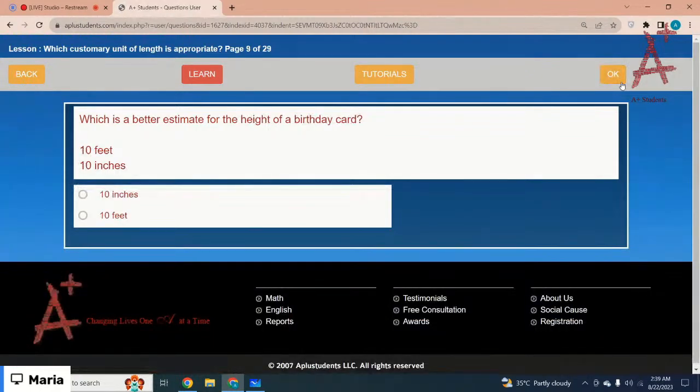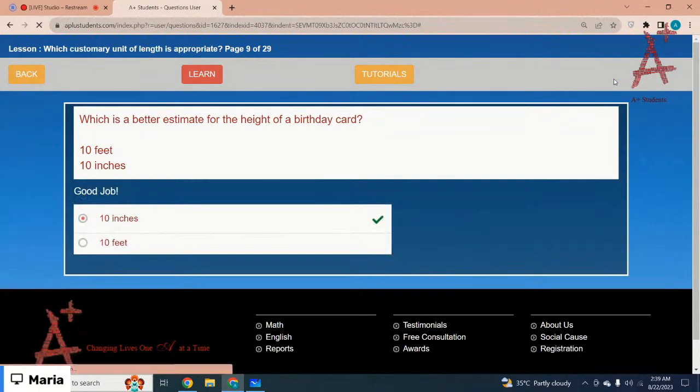Okay. Which is the better estimate for the height of a birthday card? The correct option is, that is a birthday card, it would be 10 inches. 10 feet is too long for a birthday card, right?